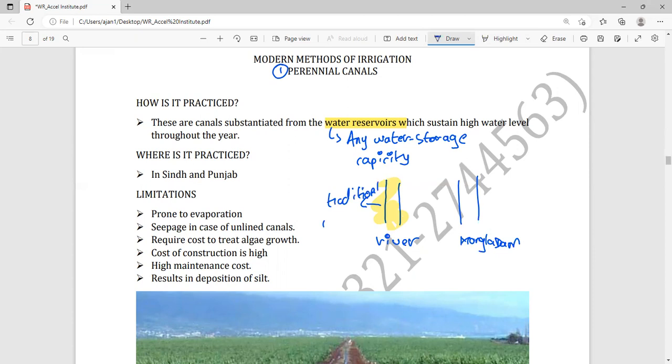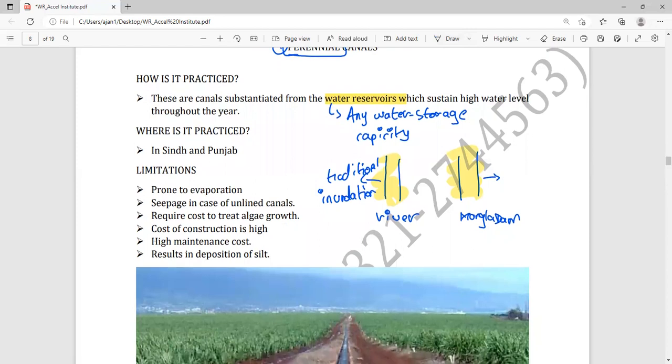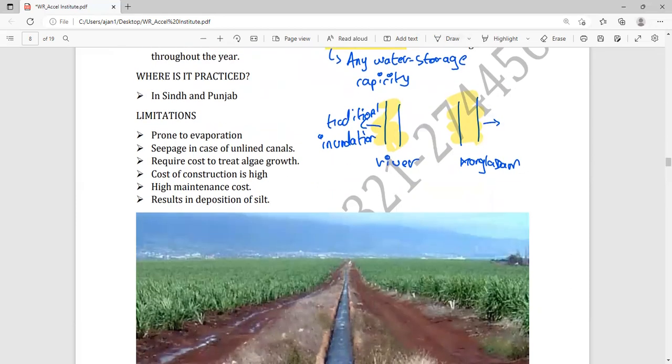And it's called an inundation canal. And then on the other hand, you have this modern method of irrigation, the canal which is taken from the dam, and you will call it a perennial canal. Does that make sense? So this is the basic difference between inundation canals and perennial canals.